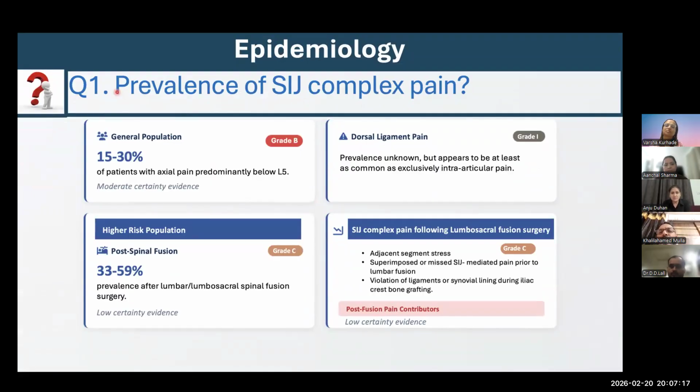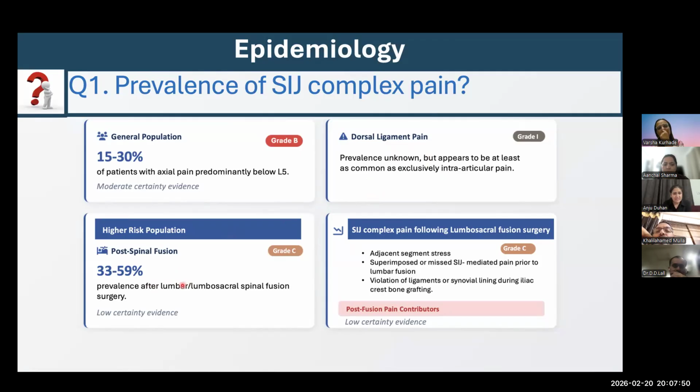So the first question was regarding the prevalence of SIJ complex pain. It is as common as 15 to 30% in the general population, with unknown prevalence of isolated dorsal ligament pain, but this also appears to be at least as common as exclusively intra-articular pain. Further studies are recommended to assess the prevalence of dorsal ligament pain primarily based on extra-articular injections and sacral lateral branch blocks.